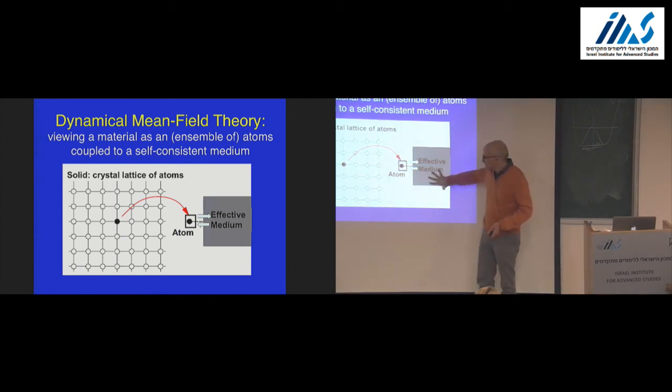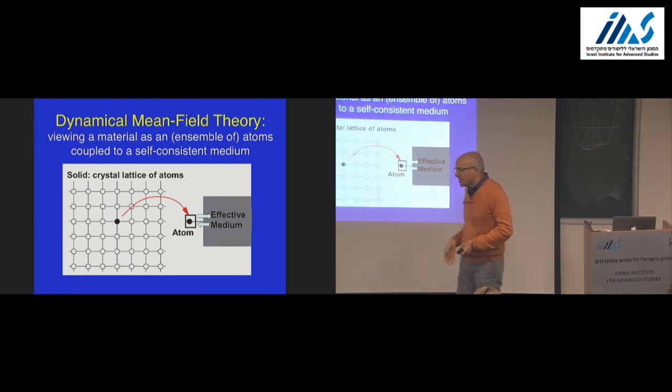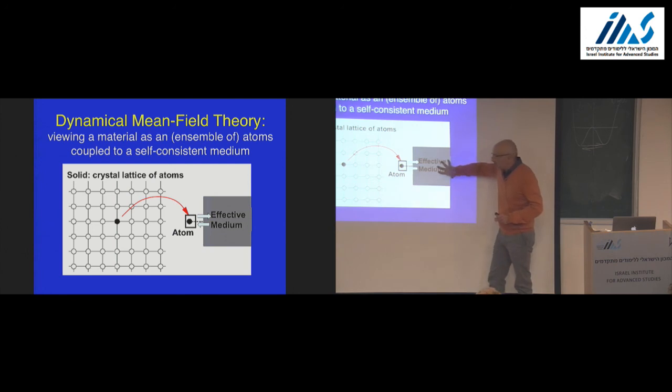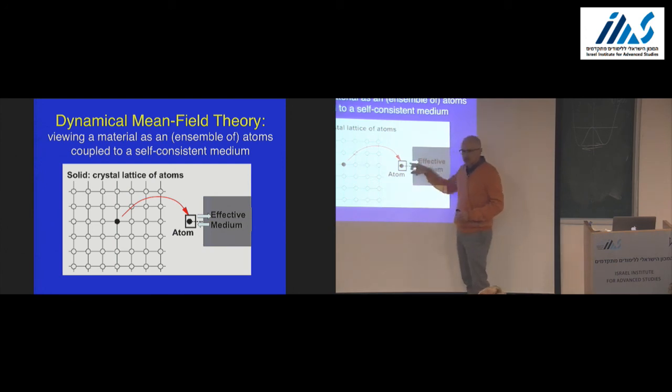Right? What is this problem? This problem is exactly what I've been talking about for almost 2 hours, namely the single impurity Anderson model. This is my atom, this is my reservoir, and this is the V connection.